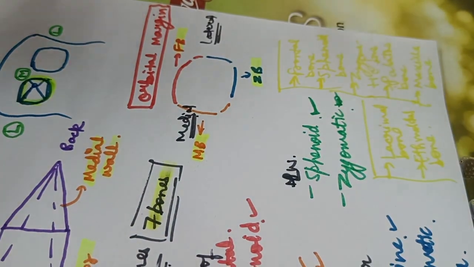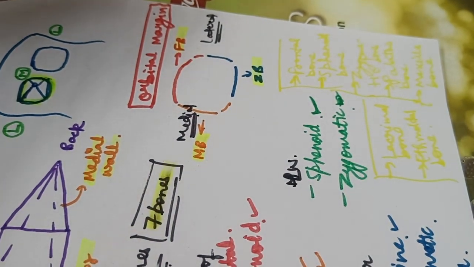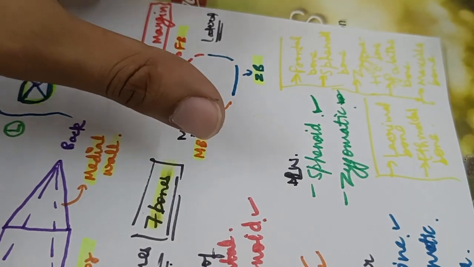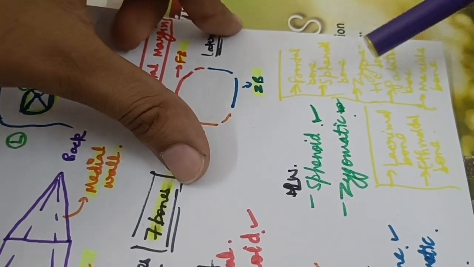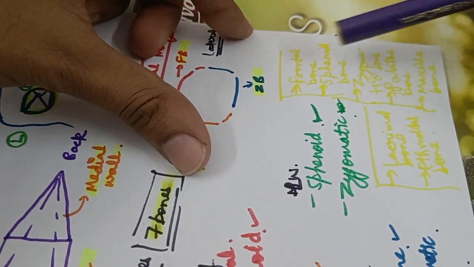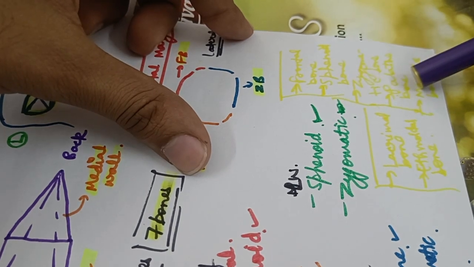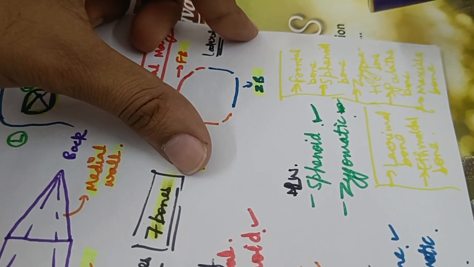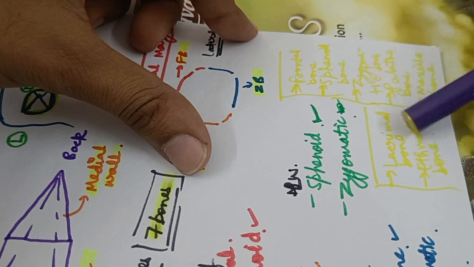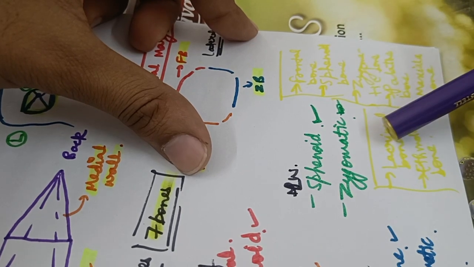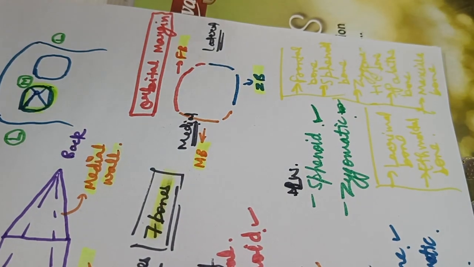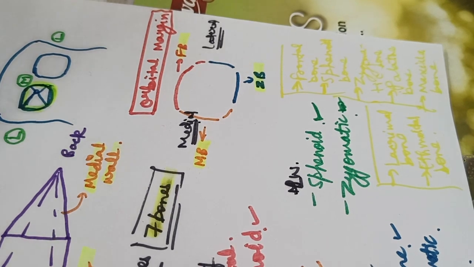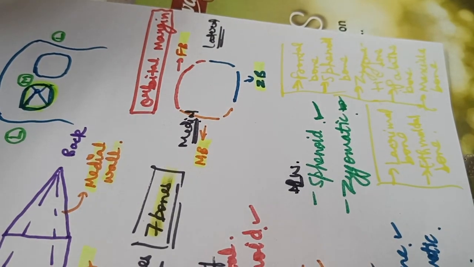This is a very good sequence to learn. Frontal, zygomatic, and maxilla, the three bones. Then the sphenoid bone and the ethmoid bone, the lacrimal bone and the palatine bone. Write it in this sequence so you will be able to learn it well.